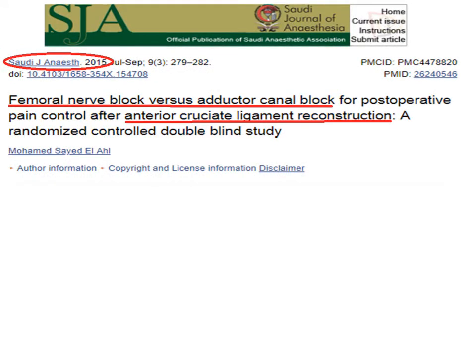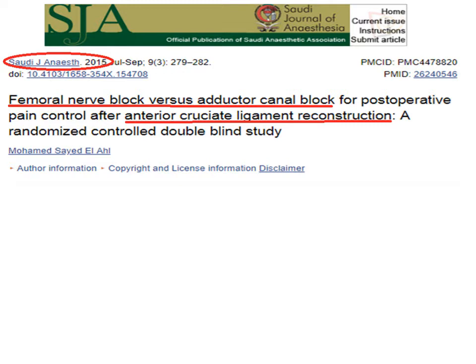So now, the use of the adductor canal block versus the femoral nerve block. We compare them in anterior cruciate ligament reconstruction. There are two landmark studies showing this comparison.